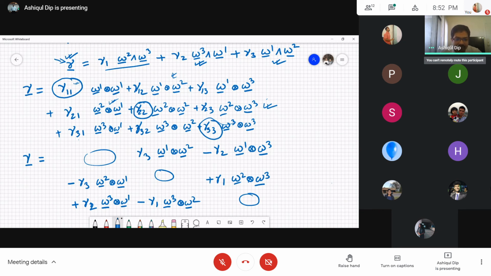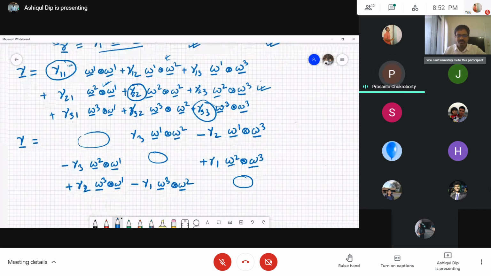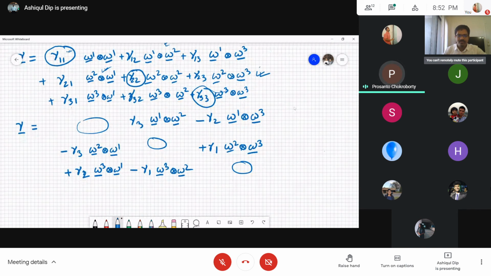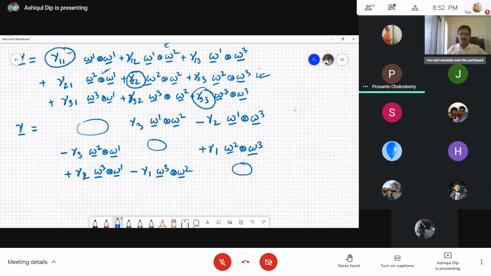And what else? These gamma 1 3 and gamma 3 1 will be negative of each other. So this thing should be equal to that thing, right? So gamma 3 should be equal to gamma 1 2, as you can see.